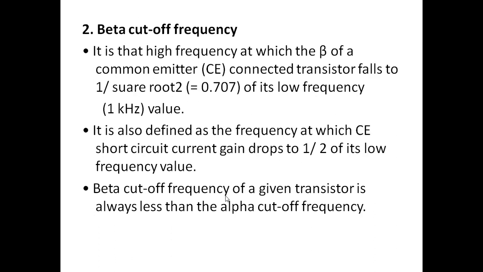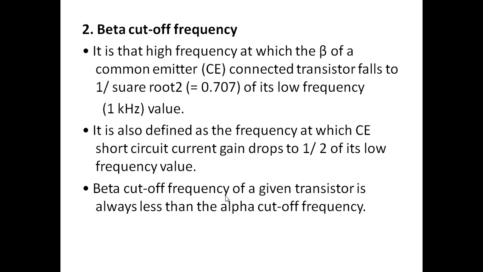Next, beta cutoff frequency. It is the high frequency at which the beta of the common emitter, CE, connected transistor falls to 1 by square root of 2, that is 0.707, of its low frequency, 1 kHz value. It is also defined as the frequency at which the CE short circuit current gain drops to 1 by root 2 of its low frequency value.